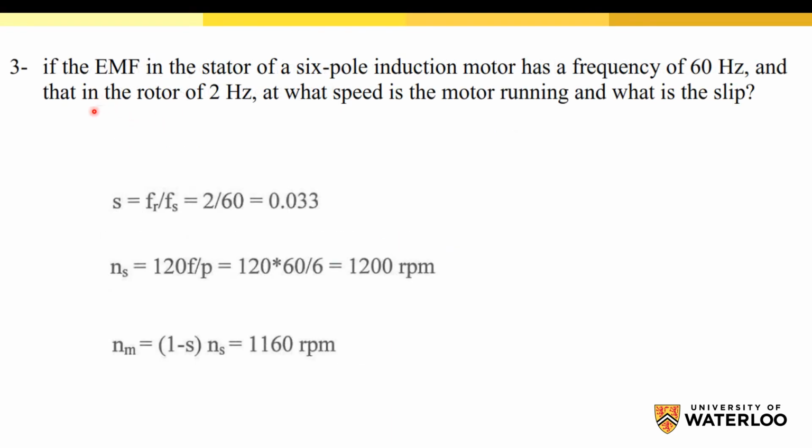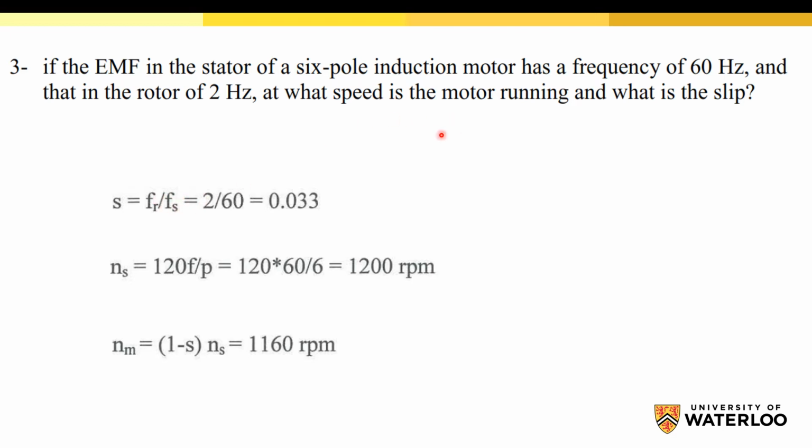For the third question, if the EMF in the stator of a 6-pole induction motor has a frequency of 60 Hz and that in the rotor 2 Hz, at what speed is the motor running and what is the slip? So we know the frequency of the rotor and the frequency of the stator, so we can calculate the slip, which is the ratio of the frequency of the rotor to the frequency of the stator.